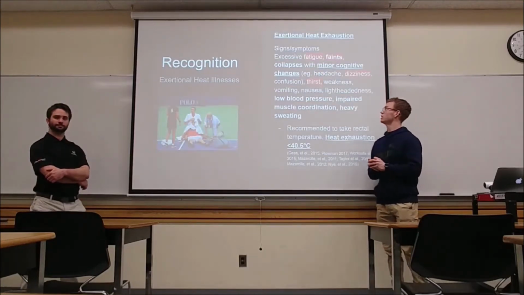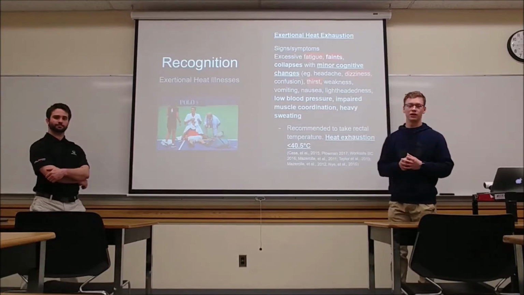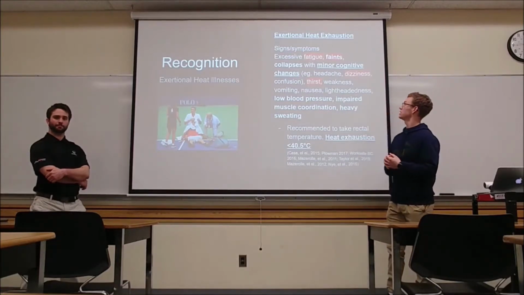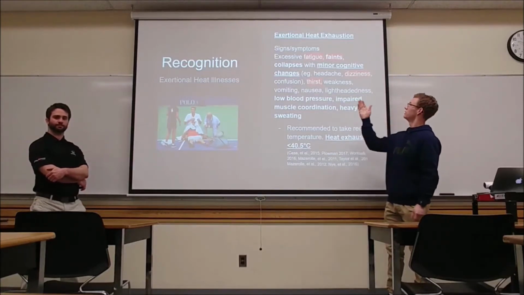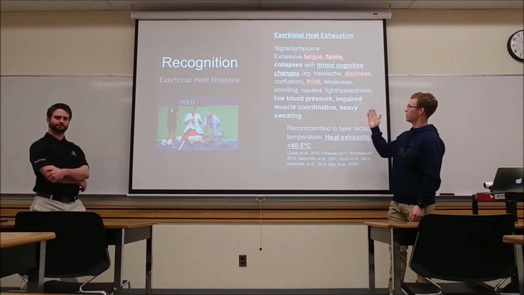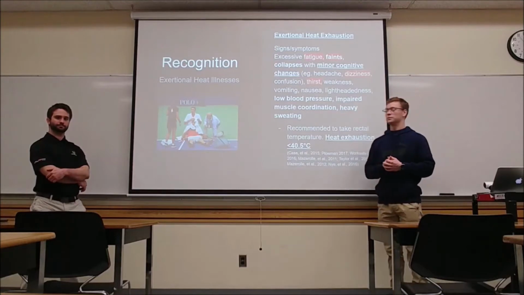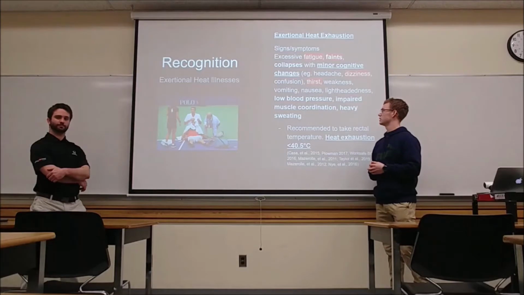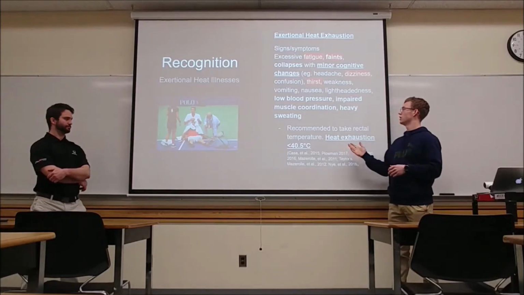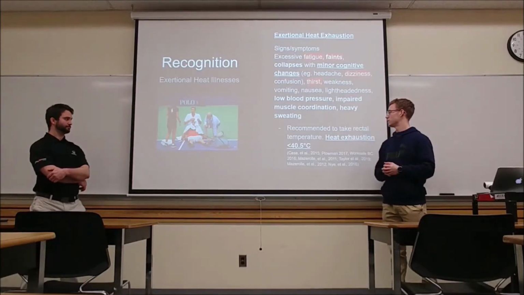So heat exhaustion, highlighted in red, are some of the characteristics that are similar to our case study mentioned previously: fatigue, faintness, dizziness, and thirst. As well, there are some other characteristics such as low blood pressure, heavy sweating, and so on.